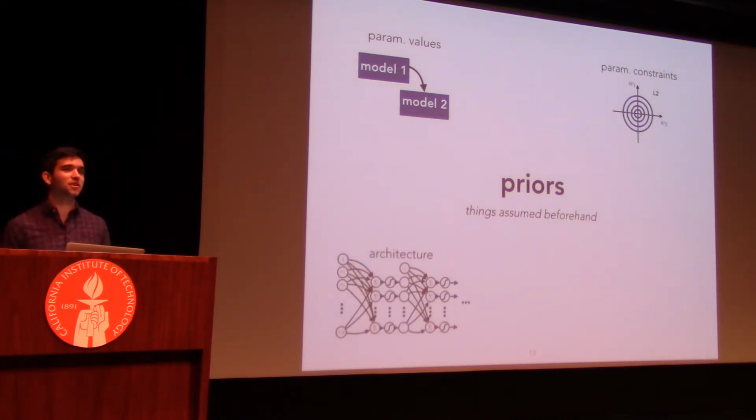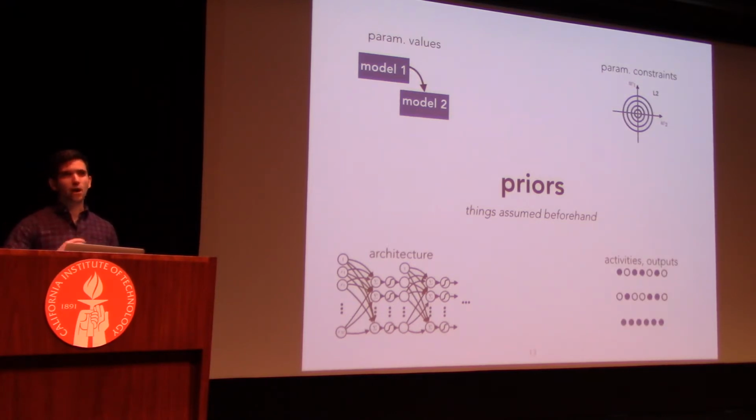Very broadly, the entire architecture of the network is an assumption that you come into beforehand when you're trying to train a model. You come in and you say, okay, I think maybe this architecture would do well. That's some prior assumption that you're making on what type of function you think needs to be learned. And then there's also these ideas about what kind of output I want the model to have, what kind of activations maybe should be in the model.